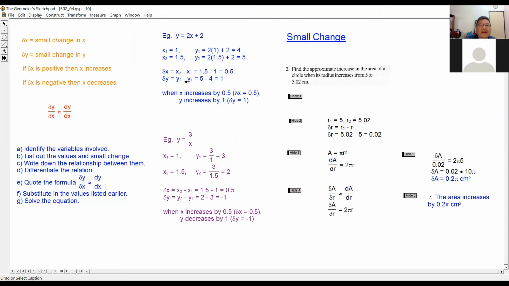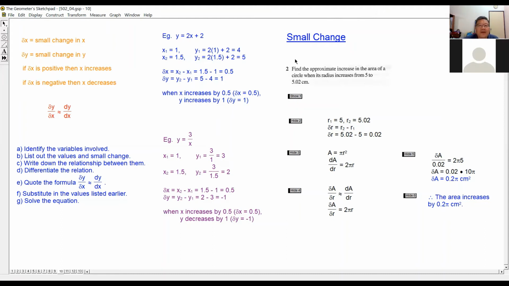Now this 1 is the change in value of y. I call it delta y. So the relationship is when x increases by 0.5, which means delta x is 0.5, y increases by 1, which means that delta y is equal to 1.